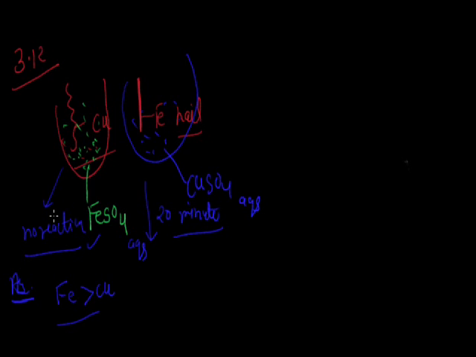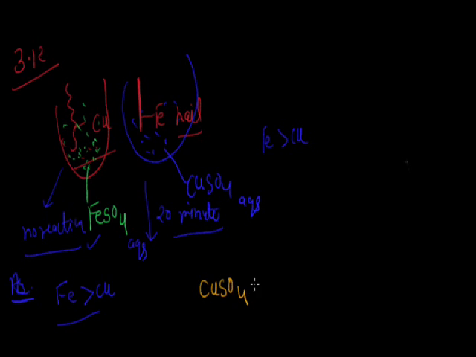Now the second case, when the iron nail is dipped in the copper sulfate solution. We know that Fe is more reactive than copper. So the more reactive metal is in the solid form, that is the iron nail, and the less reactive metal copper is in the salt form, copper sulfate. So here the reaction takes place.